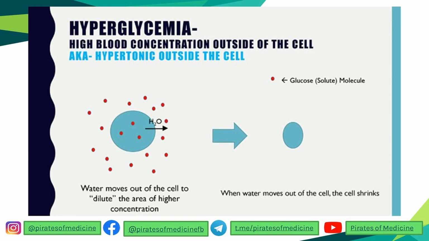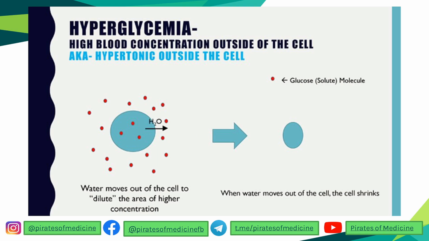Think of it this way: this blue portion is a cell, and there are surrounding molecules of glucose that you just injected into the person, or maybe the person is diabetic and there is hyperglycemia. So what would happen? As you can see, there is an increased glucose concentration outside the cell in the interstitial extracellular fluid.